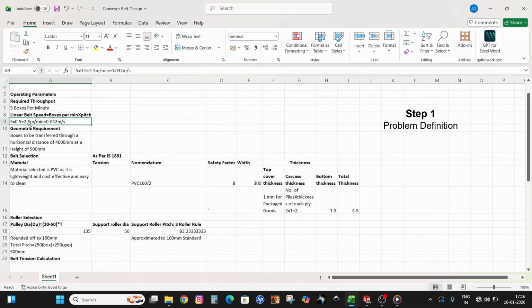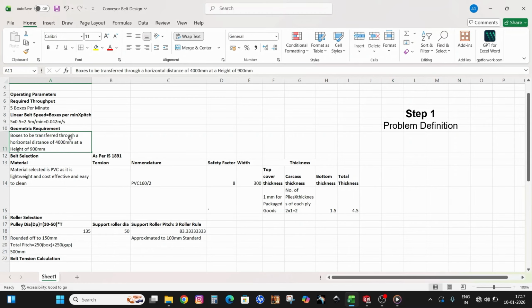Pitch is calculated as an equal gap of one box size between 2 consecutive boxes. That gives me 0.5 meter of pitch, and if we multiply it by 5, it gives me 2.5 meters per minute. By unit conversion, it comes out to be 0.42 meters per second.